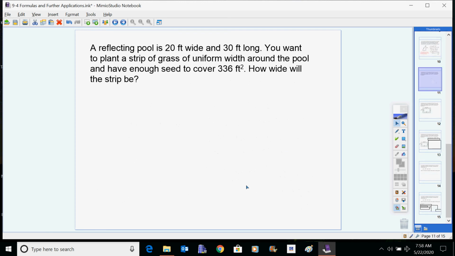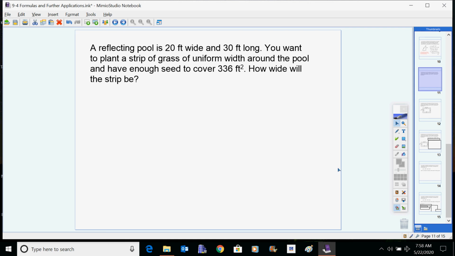This one deals with a reflecting pool, which is those decorative pools where the light reflects off of them. They're really pretty. It's a reflecting pool that's 20 feet wide and 30 feet long, so it's a good size one. And you want to plant grass all around the reflecting pool, to make it really nice and pretty.